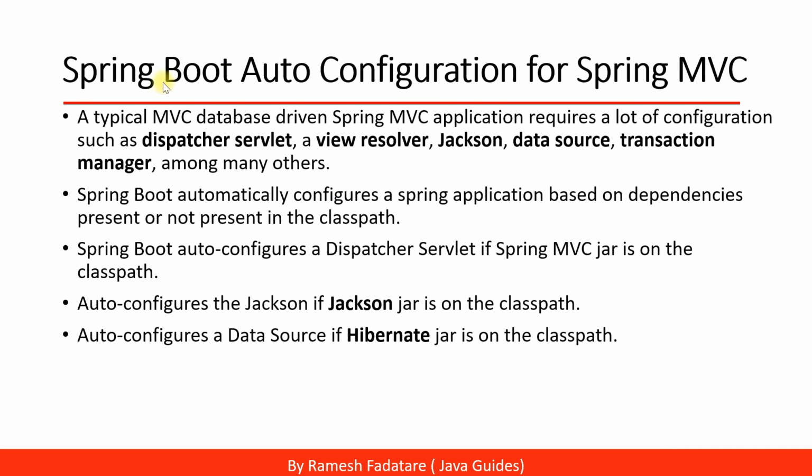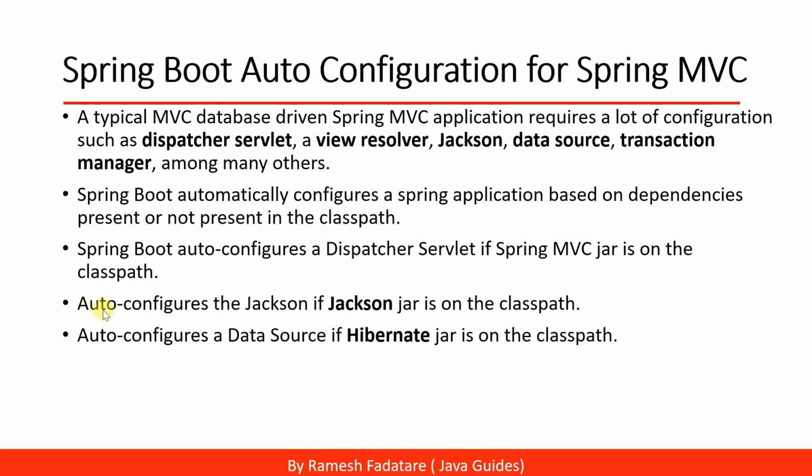Now let's take a look at how Spring Boot auto configures the Spring MVC module. Well, Spring Boot automatically configures a Spring application based on the dependencies present or not present in the class path. For example, Spring Boot auto configures a dispatcher servlet if the Spring MVC jar file is present on the class path.